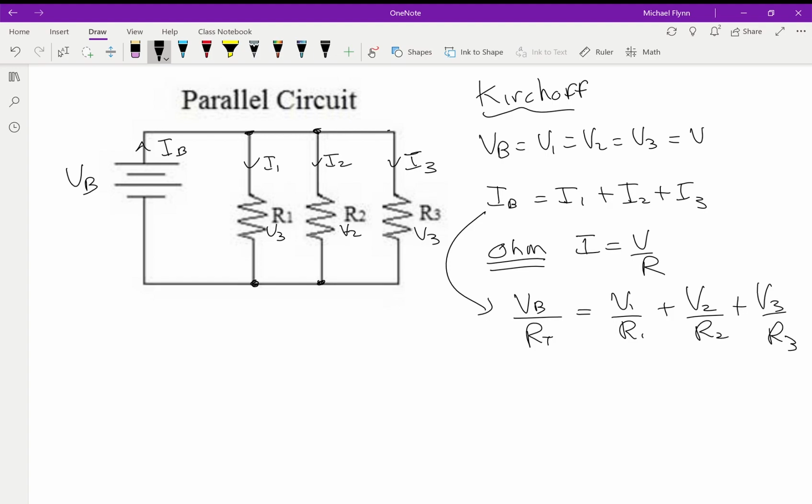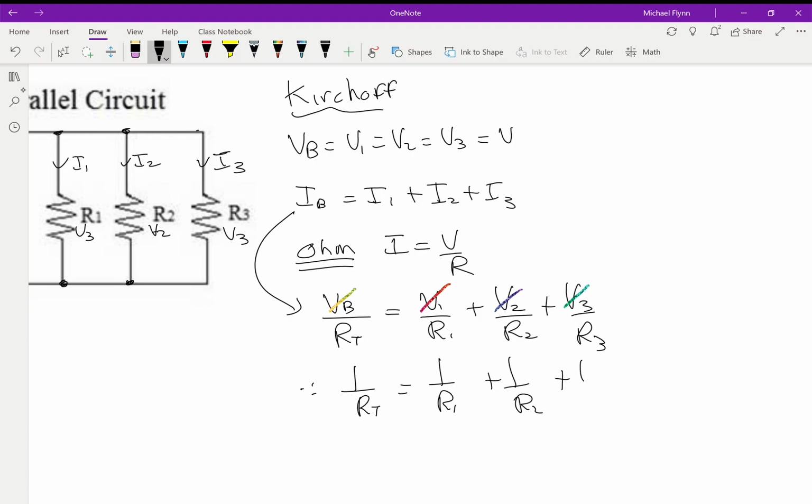Remember, all the voltages are the same, and therefore they all cancel. And when they cancel, you don't get 0, remember, you get 1. So 1 over RT equals 1 over R1 plus 1 over R2 plus 1 over R3. And if there were more paths, that pattern would continue.